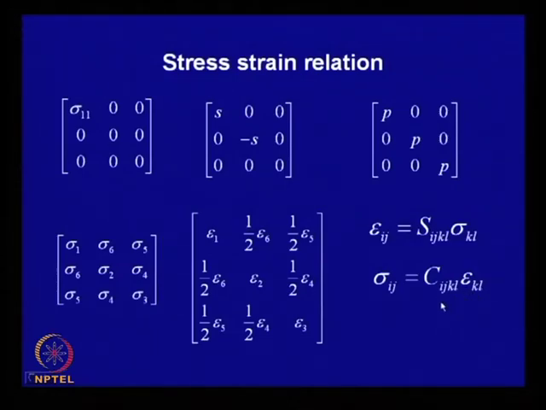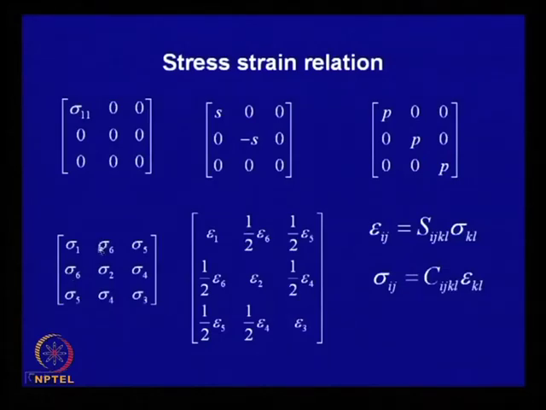Now, as you can see, if each of these numbers changes from 1 to 3 and you start writing this full expression, it will be a very long equation. So, one convenient way of reducing it is to see how many components of the state of stress are important, and we have just seen that this stress matrix is symmetric.